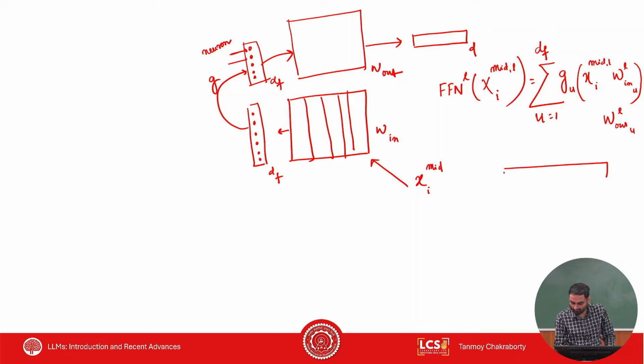Now ultimately after this activation G, we will produce a vector of size df. That's what I said, right? So for each of these elements, I am looking at each of them by u. How do we get each of these elements? Now xi mid L has dimension 1 times d.